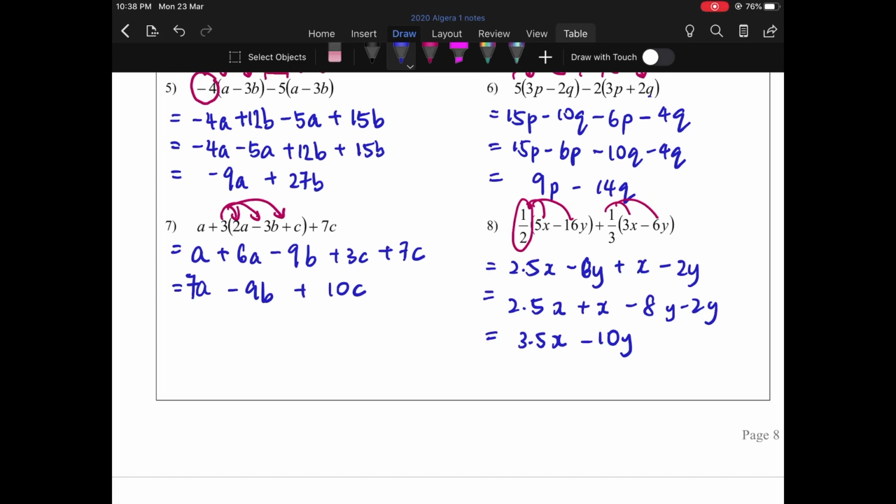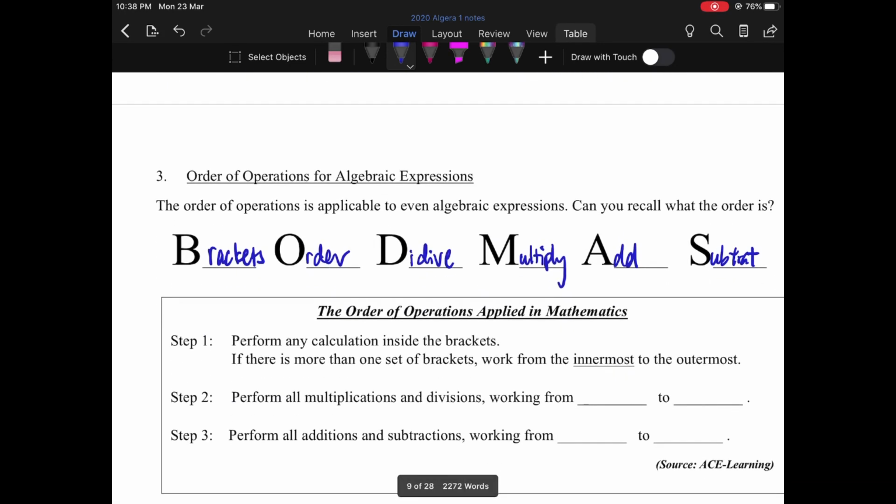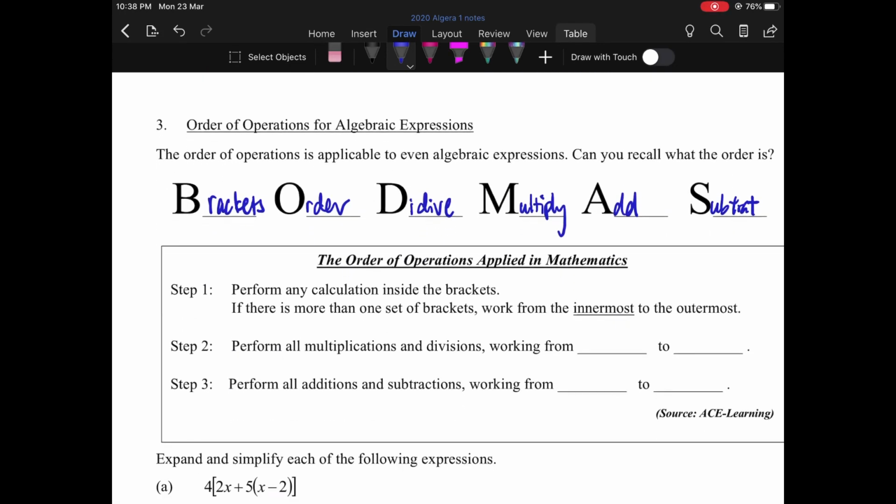Next, let's move on to the next page. Okay, so let's recall from our previous chapter, BODMAS rule. So we will always do brackets first, followed by the order of operation, meaning the power, divide, multiply, add, and subtract.